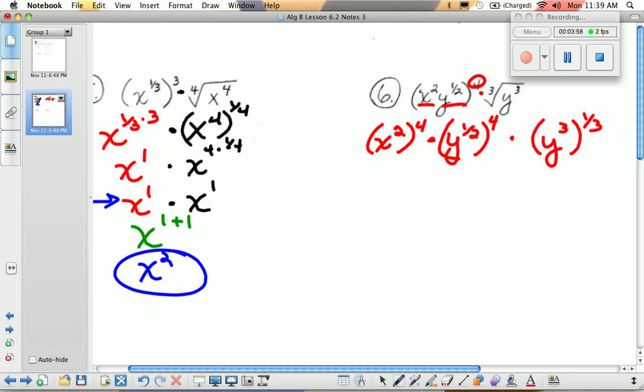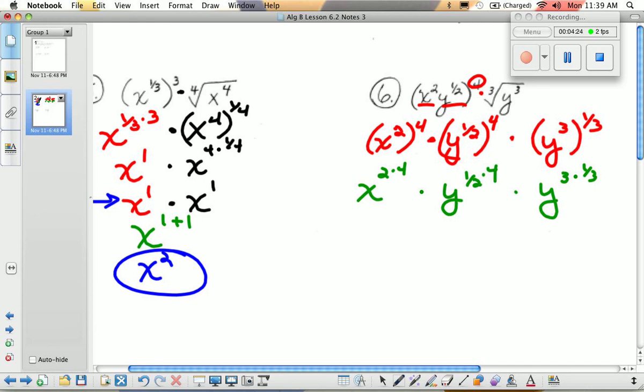The 3rd root means 1/3 power. Okay, powers to powers. So x to the 2 times 4 power, y to the 1/2 times 4 power, and y to the 3 times 1/3 power.